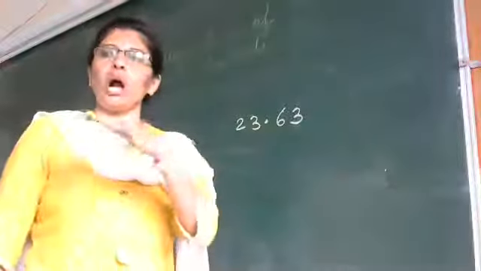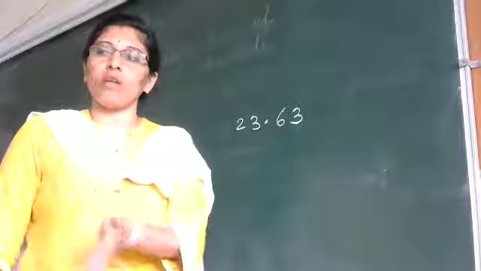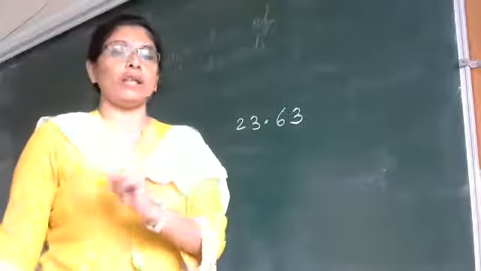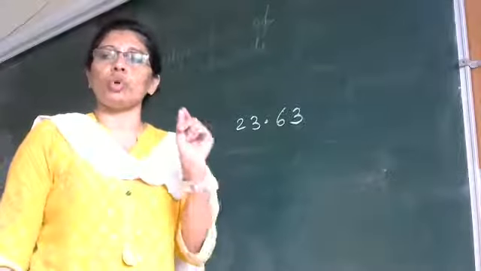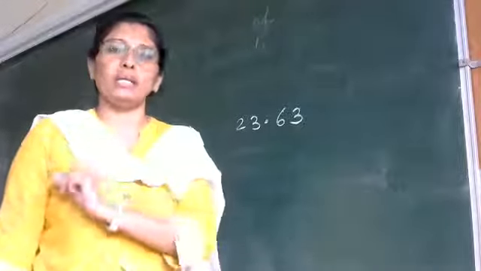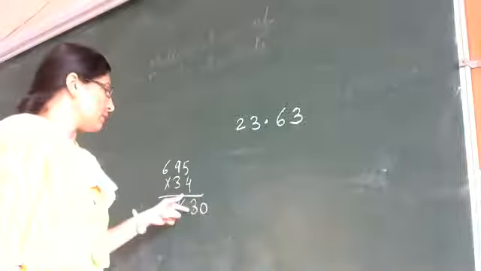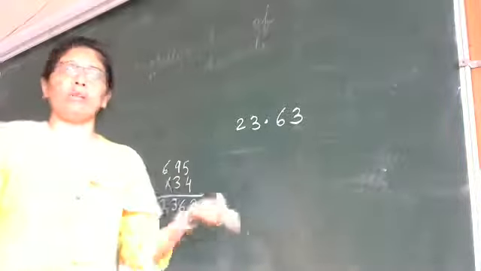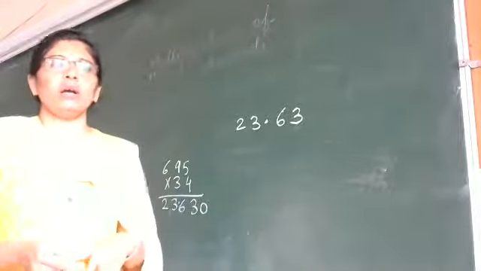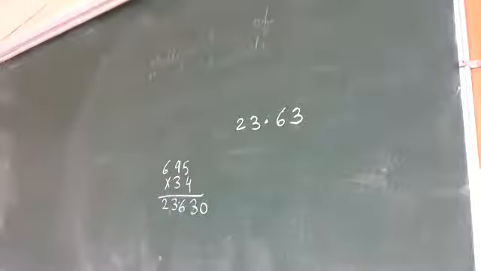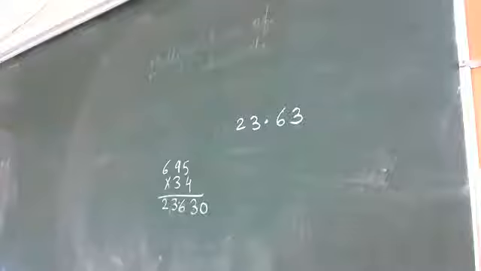You can write the statements on your own: the cost of coffee for 1 kg is given, so the cost of 3.4 kg is equal to 6.95 multiplied with 3.4. As in a simple word sum, the same type of statements we can write for decimals also. Okay. Do you have any doubt about this multiplication?